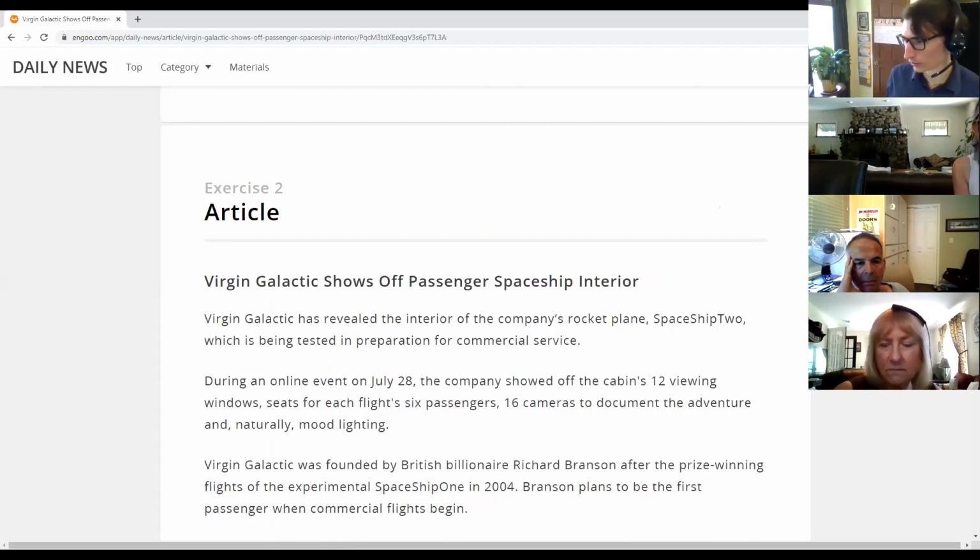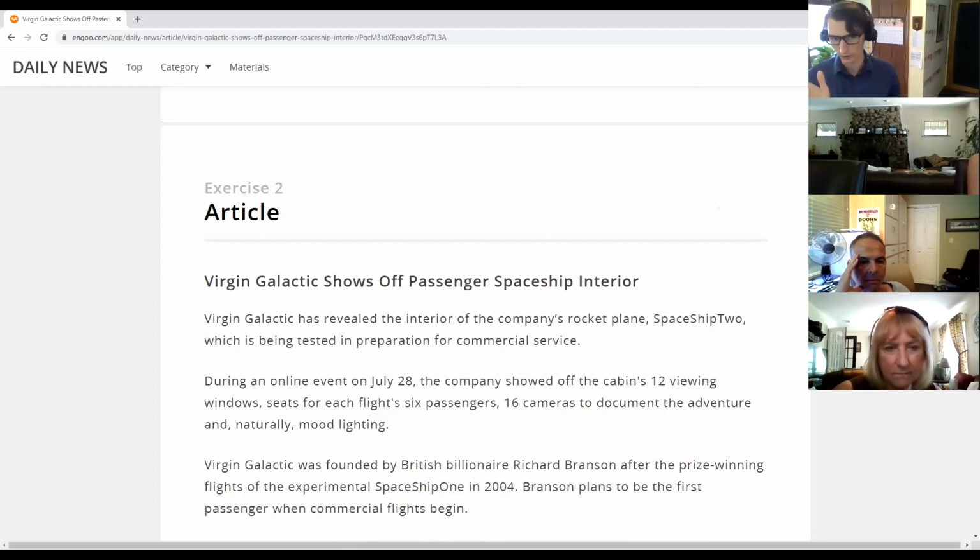Sorry about that. Look at Virgin Galactic has revealed the interior. That's it. So, Virgin, 2, Galactic, has, those are all pretty straightforward. Revealed. This one, they might say reveal it. It's 3, whereas it should be revealed.